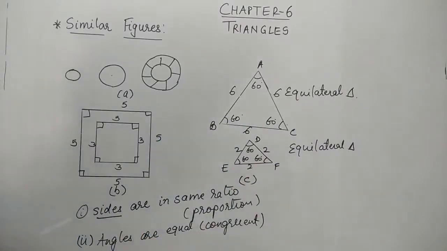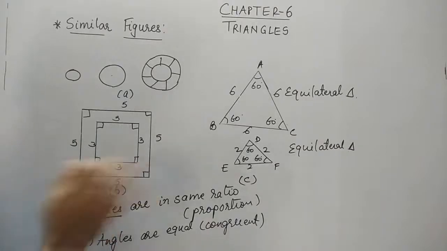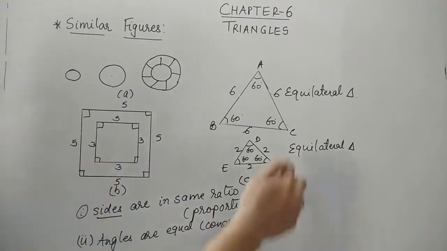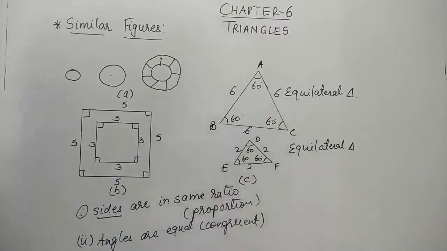They are of the same measurement. So here we can say that all the circles are similar figures, squares are similar figures, as well as equilateral triangles are similar figures.